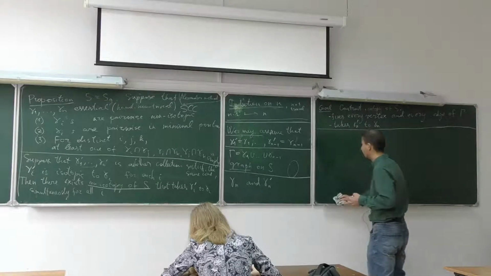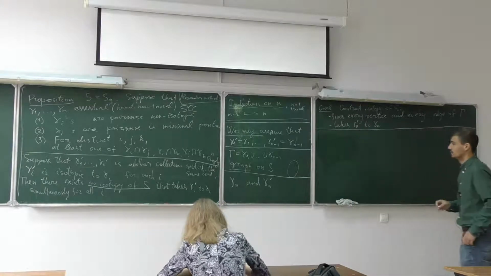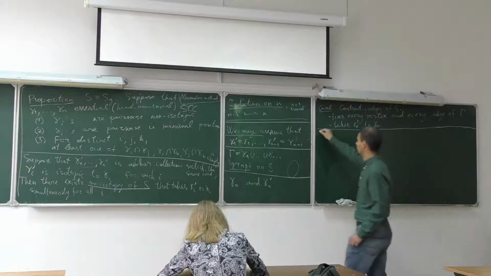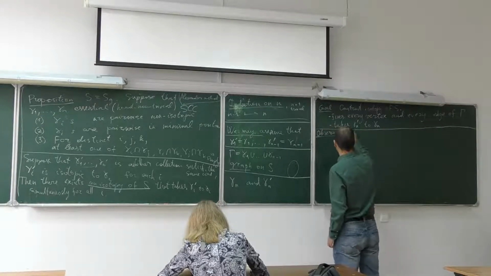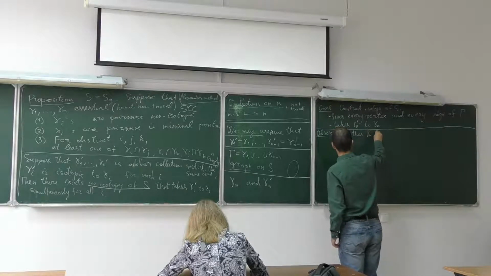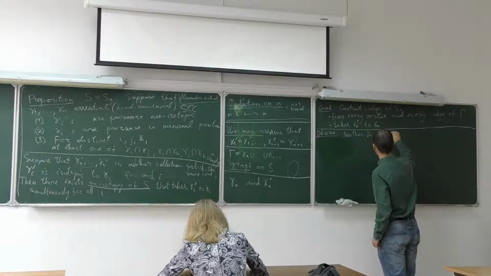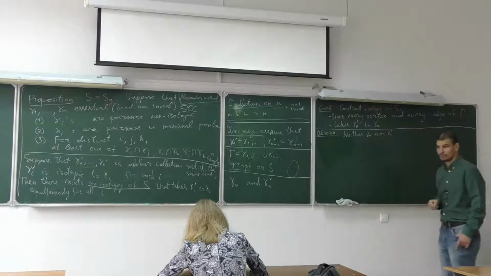First easy observation is that neither gamma n nor gamma n prime passes through vertices of gamma.